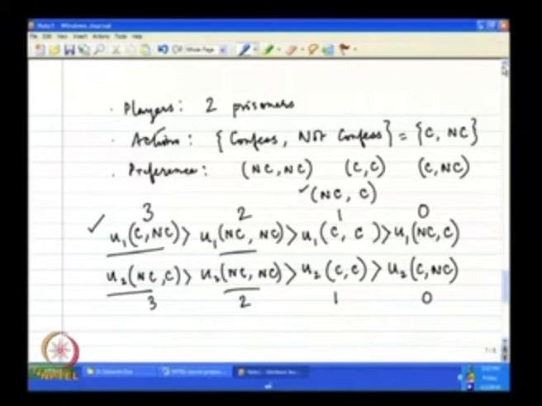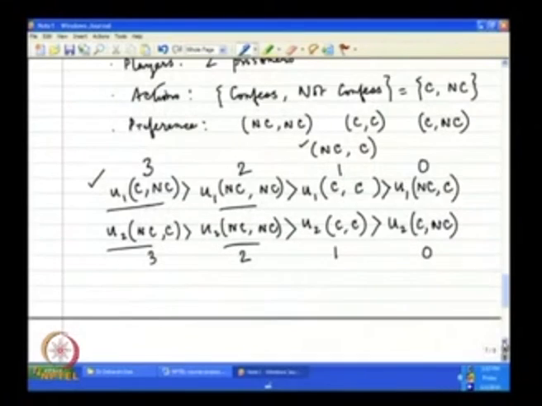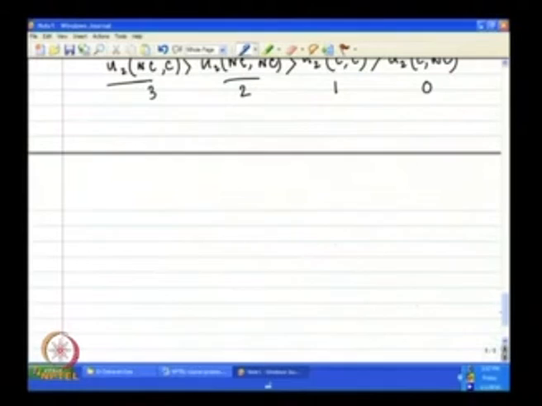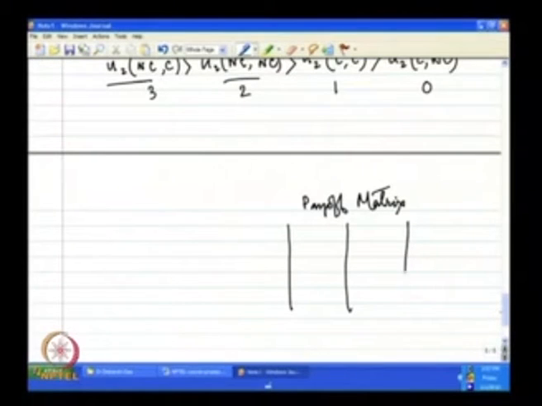Again, the entire story and the preference, the players, what are the actions available to them, can be summarized in a very neat fashion by what is known as a payoff matrix. So, what is a payoff matrix? A payoff matrix is obviously a collection of cells, as any matrix is.